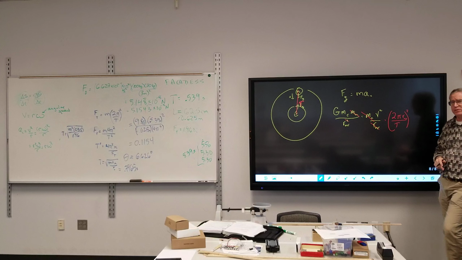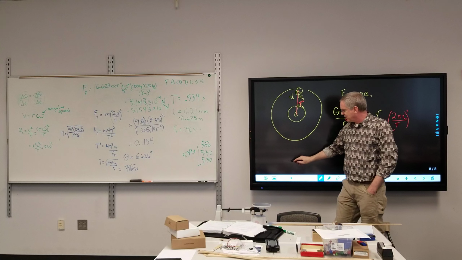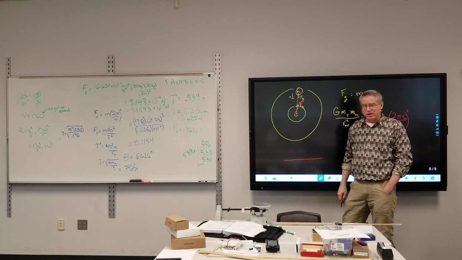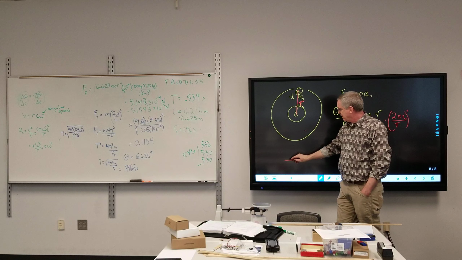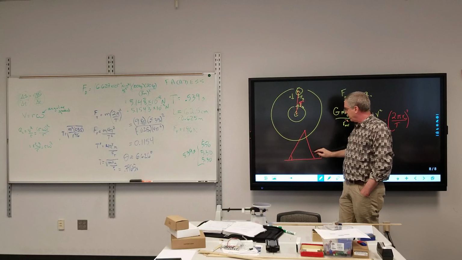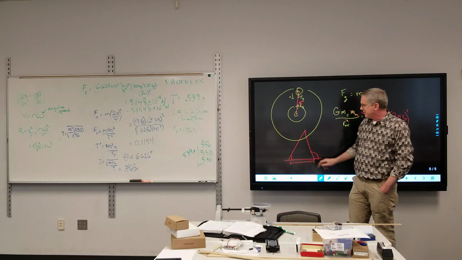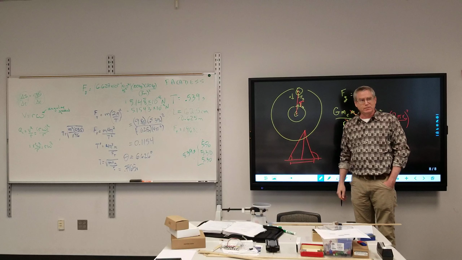Just stand on 2 points on the Earth, look up at it, do a little triangulation, say we're out in a big field and we have really good equipment. I look to see what that angle is right there, and that angle right there. If I know that distance, I can calculate how far away the distant object is.